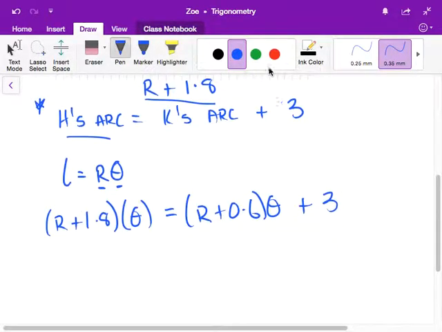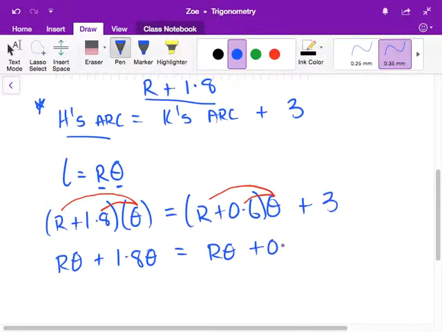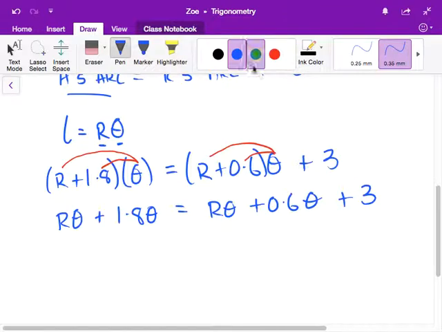So I'm going to multiply this out, so the theta gets multiplied by the R, the theta gets multiplied by the 1.8, and same here. So we're getting R theta plus 1.8 theta, and here we're getting R theta plus 0.6 theta, and then plus 3 still at the end.